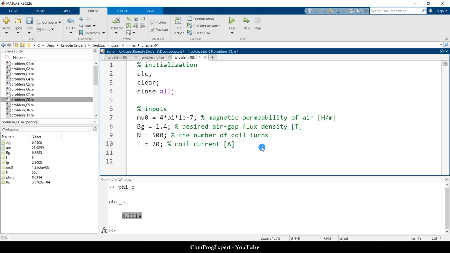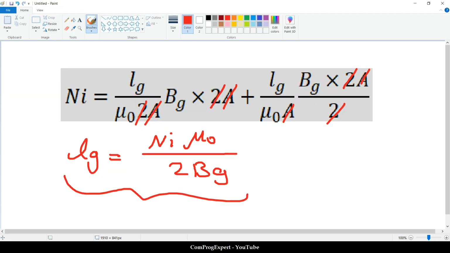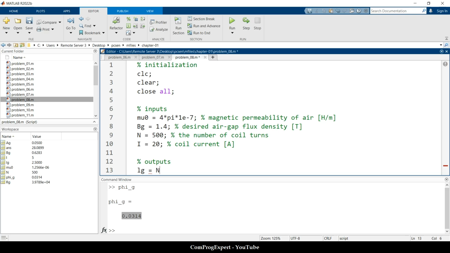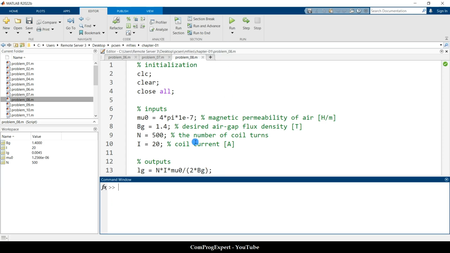So output, the value of the L gap is equal to N times I times mu 0 divided by 2 times B gap. So if I run the code, this is the value of L gap.